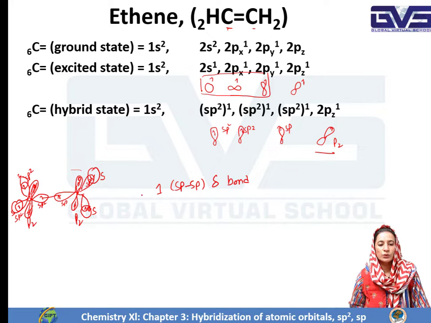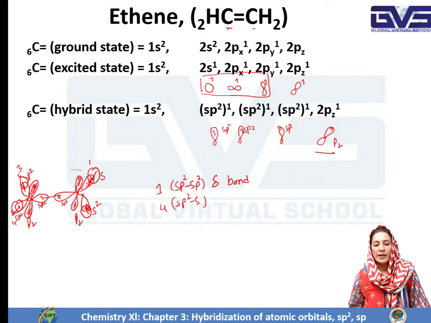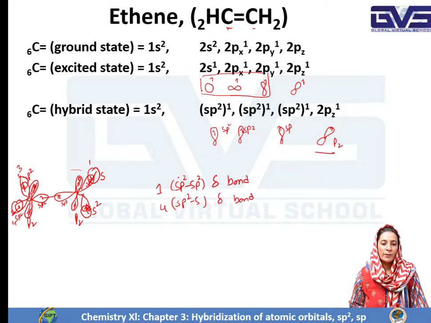So these are sp2-s bonds, and in total there are 1, 2, 3, and 4 sp2-s sigma bonds. So total there are 5 sigma bonds. Out of them, one is sp2-sp2 and 4 are sp2-s.